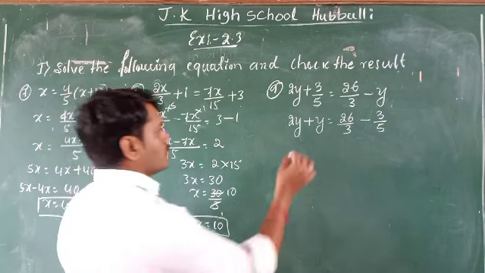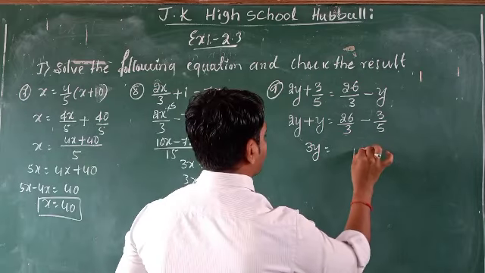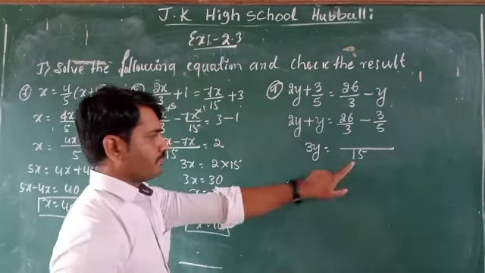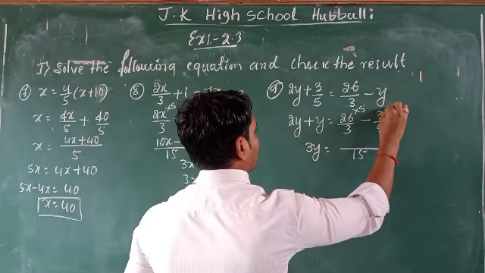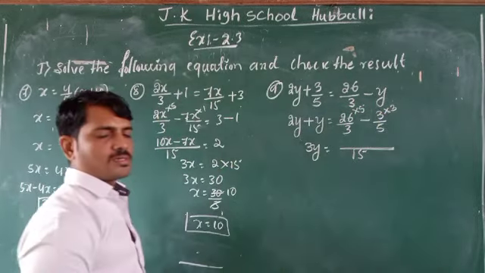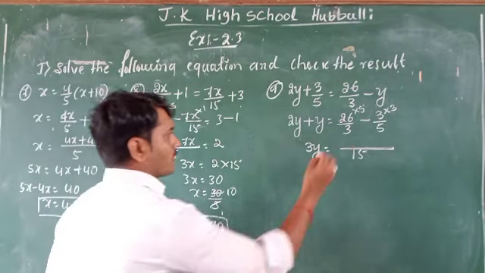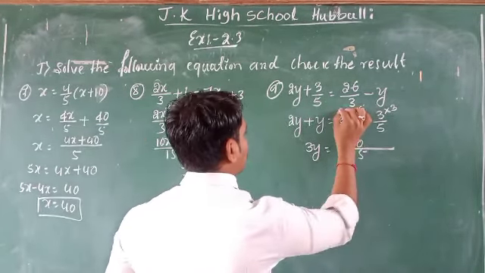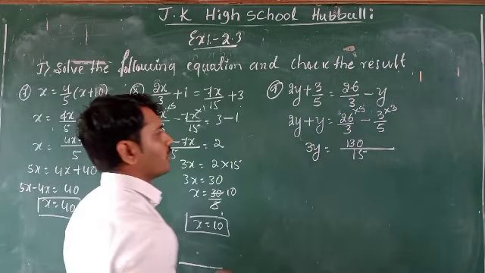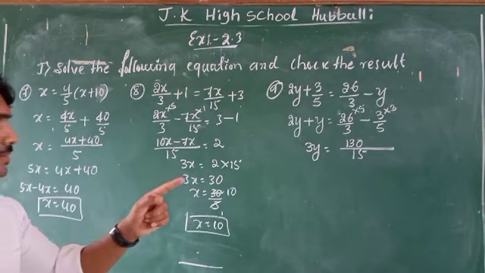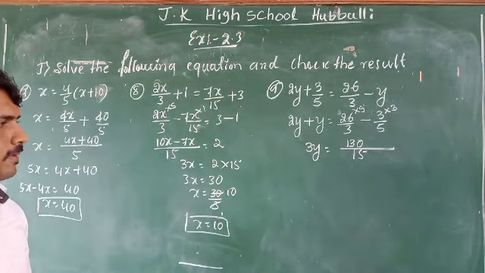Okay. 2y plus y means 3y. What is the LCM? The LCM is 15. 3 fives are 15. 5 threes are 15. 26 fives are 130. Remaining 3 fives are 15, so 3 into 5 is 15, 2 fives are 10. 10 plus 3, 13.